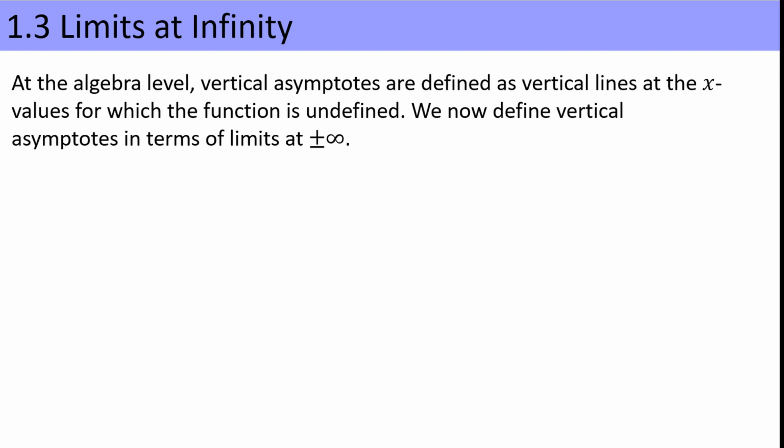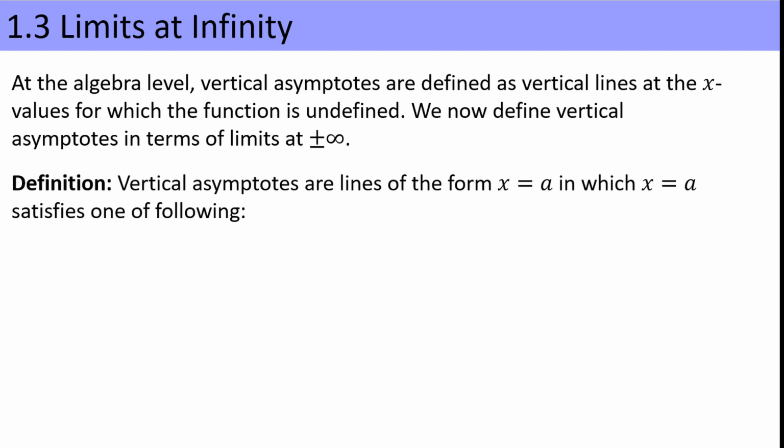At the algebra level, vertical asymptotes are defined as vertical lines at the x values for which the function is undefined. We now define vertical asymptotes in terms of limits at plus or minus infinity.